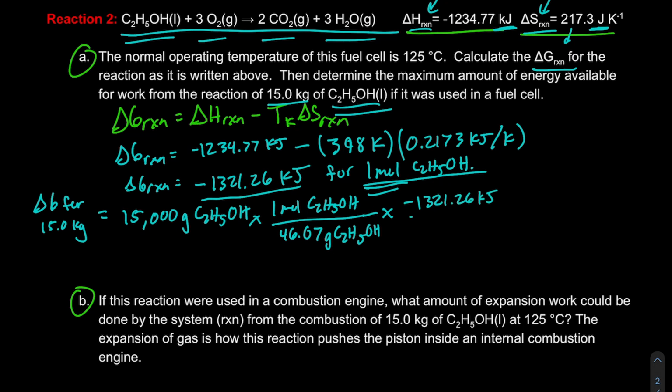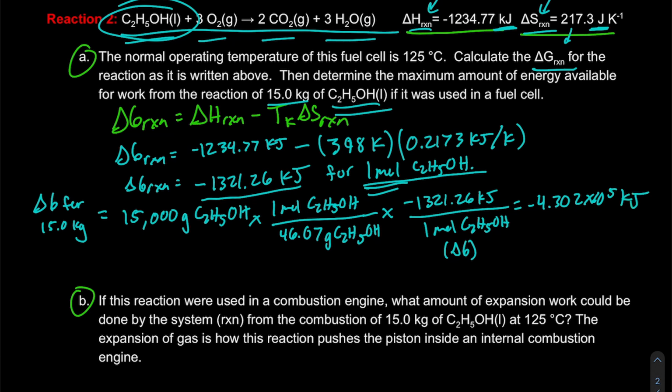That's our delta G for 1 mole, the amount that we actually reacted when we calculated that delta G. So this is our delta G being used as a conversion factor to scale it to the amount that we actually reacted. And we would get negative 4.302 times 10 to the 5th kilojoules.